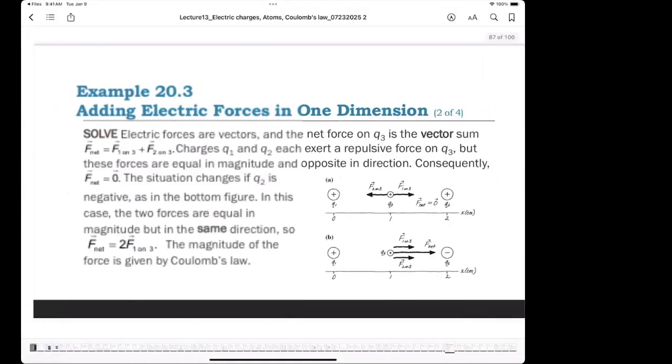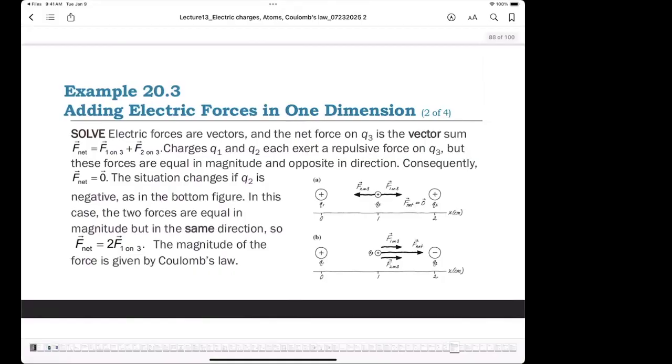Okay, let's try to solve this question. Electric forces are vectors, and the net force on Q3 is a vector sum: F net equals F1 on 3 plus F2 on 3. The charges Q1 and Q2 each exert a repulsive force on Q3, but these forces are equal in magnitude and opposite in direction. Consequently, F net equals 0.